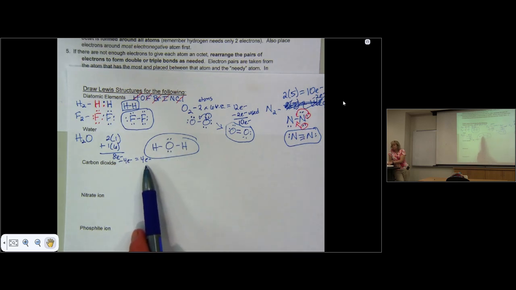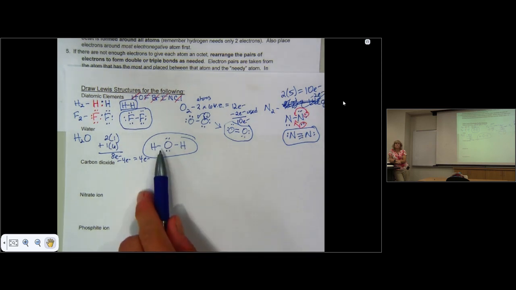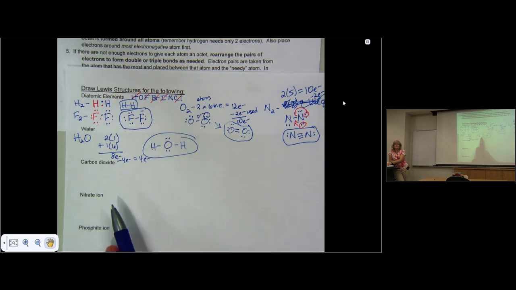The 2 single bonds I used, and then what did these 4 do? Top and bottom. Does it make sense? You put them in pairs around who needs them. And hydrogen doesn't need them, because hydrogen only needs 2 and it has them.